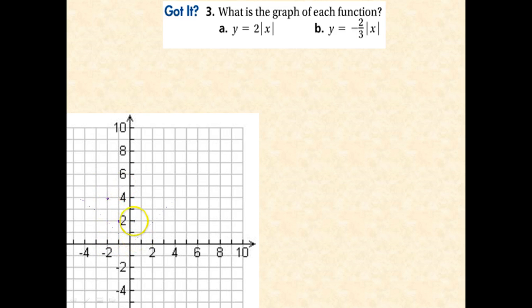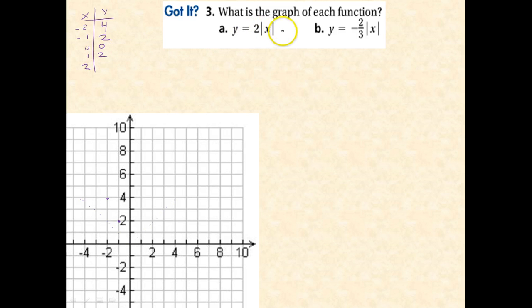Another way to think about that is to just plug in some values. You can always make a table of values. So -2, -1, 0, 1, 2. Absolute value of -2 is 2, 2 times 2 is 4. Absolute value of -1 is 1, 1 times 2 is 2. Absolute value of 0 is 0, 0 times 2 is 0. Absolute value of 1 is 1, 1 times 2 is 2.